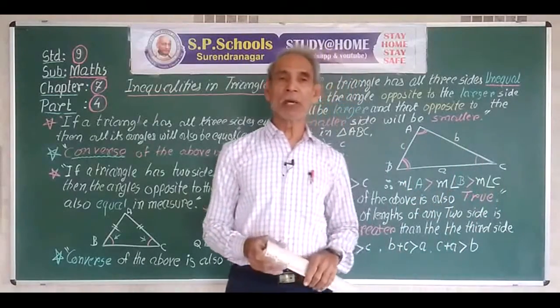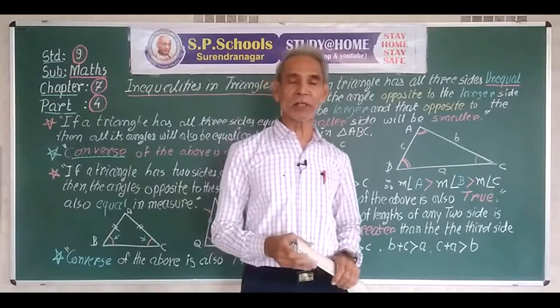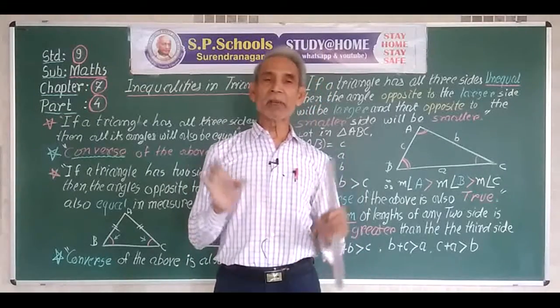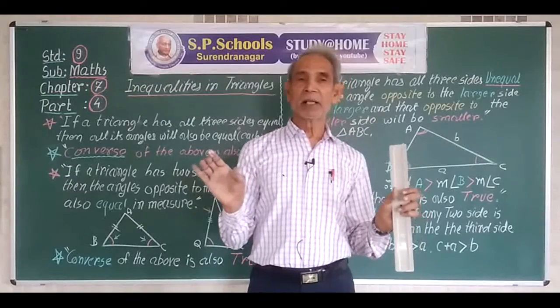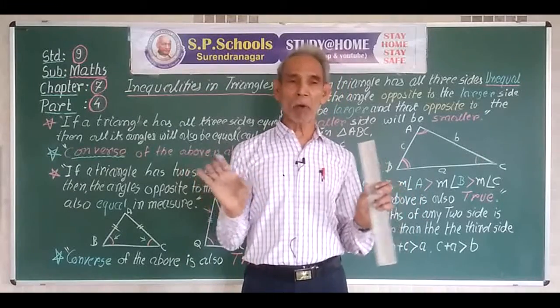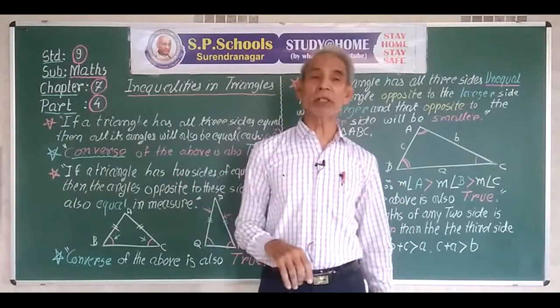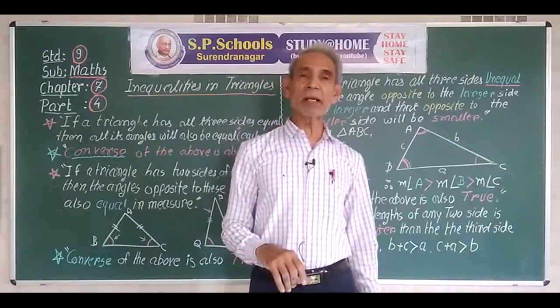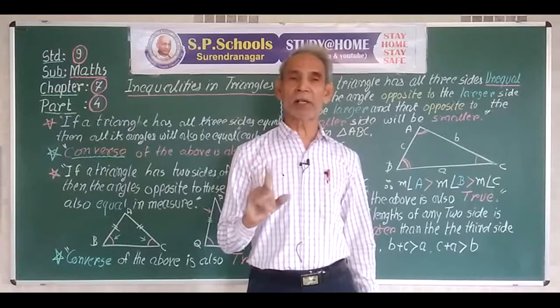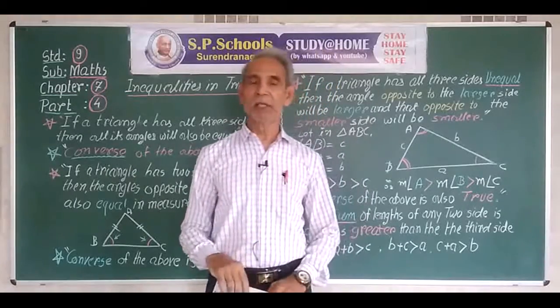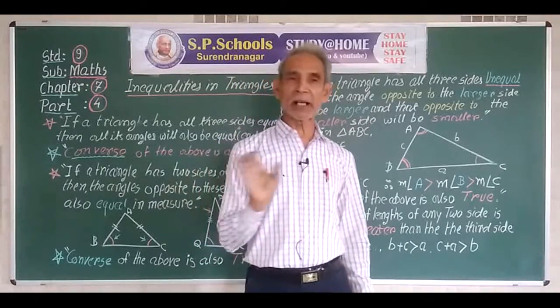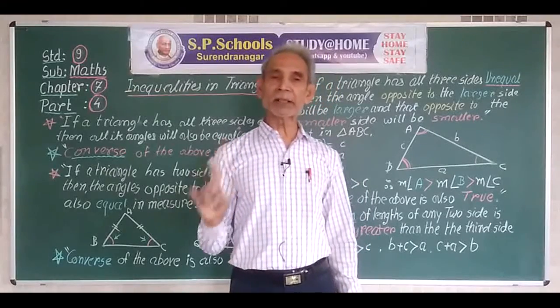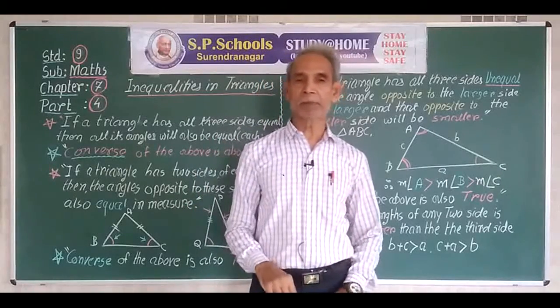So whenever we say something with respect to the number of points, we say congruency. But equality refers only to the measure, definite measure. When we say that two angles are equal, they are equal in the sense of their measures.